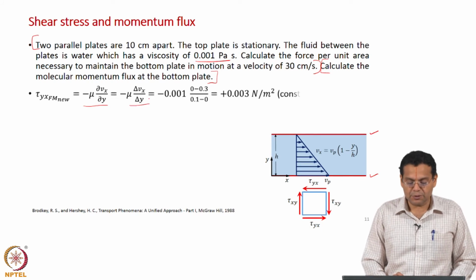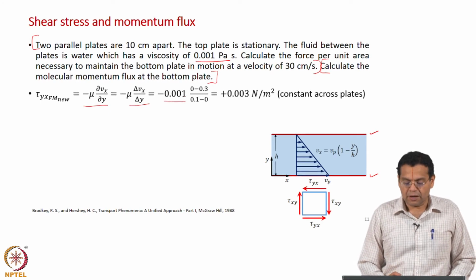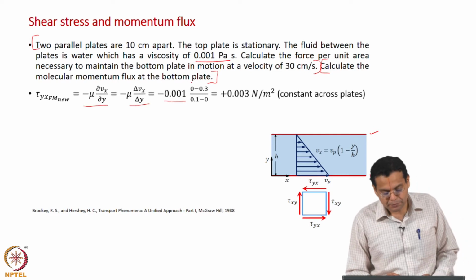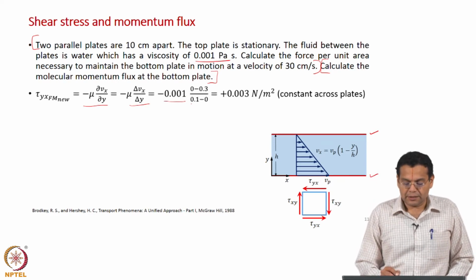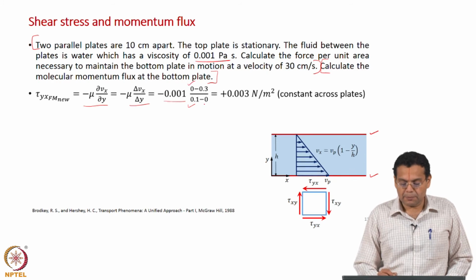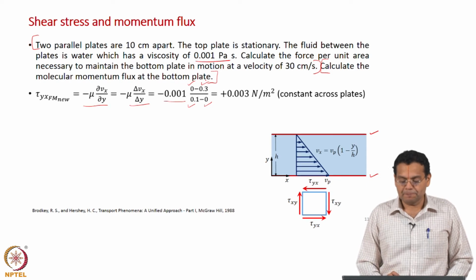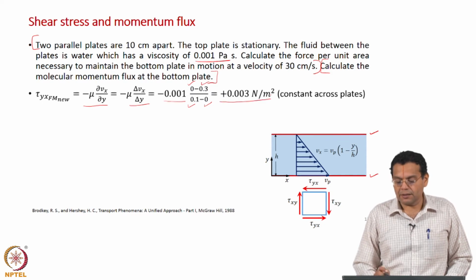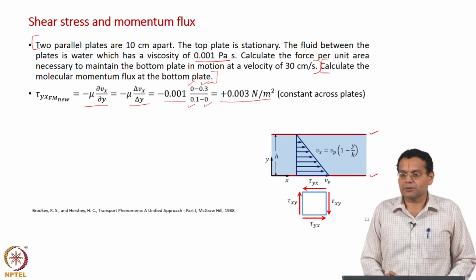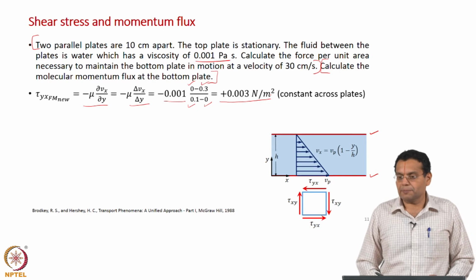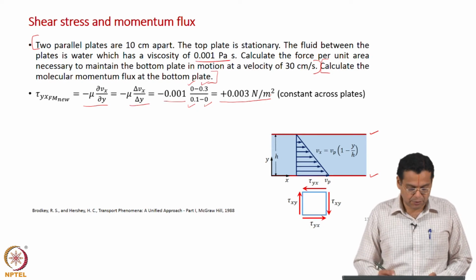So, minus mu delta V x by delta y, the viscosity is 0.001 and the velocity difference is: at the top plate the velocity is 0, at the bottom plate the velocity is 0.3 meters per second. So if you substitute you get plus 0.003 Newton per meter squared, and of course it is a constant across the plates, it does not depend on the y axis.